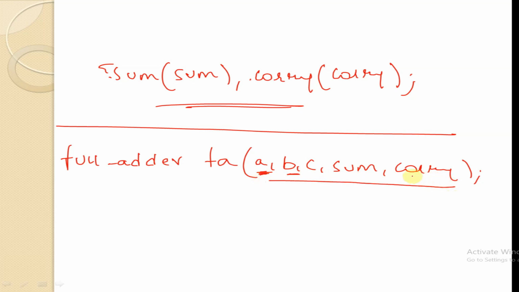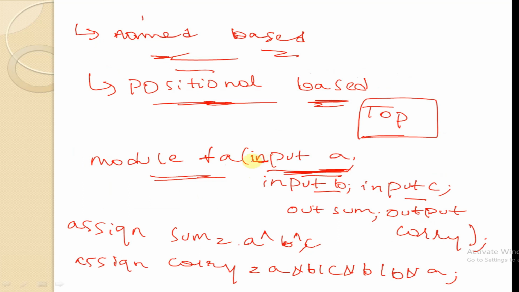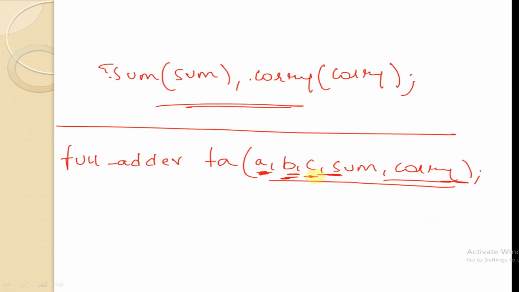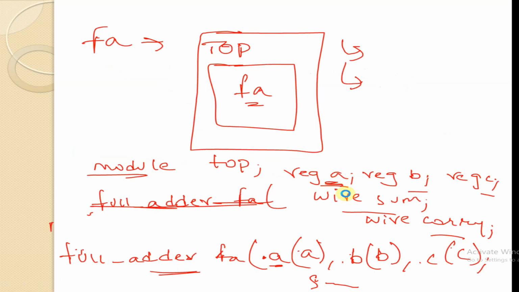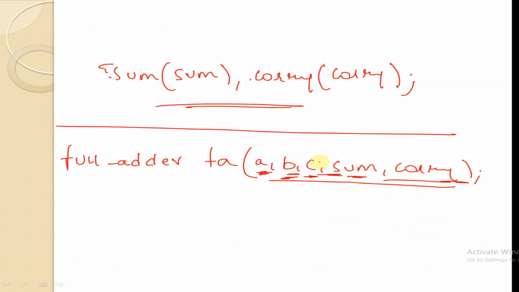While using positional based instantiation, we should be careful because we are just remembering the position of each individual port and instantiating the module here. In yesterday's example also, when developing our test bench, we used positional based instantiation. We remember each position, like here at first position A, so I am using input A, and in fourth position we have sum, so I am using sum at the fourth position.